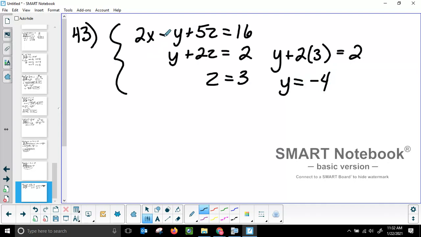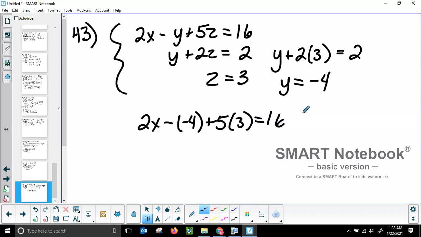Now we go back up to the top and plug y and z in, and we get 2x minus y, which is negative 4, plus 5 times z, which is 3, is equal to 16. So here we have positive 4 and positive 15, right? So that's positive 19.